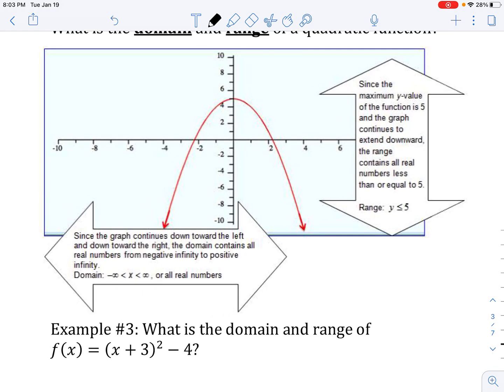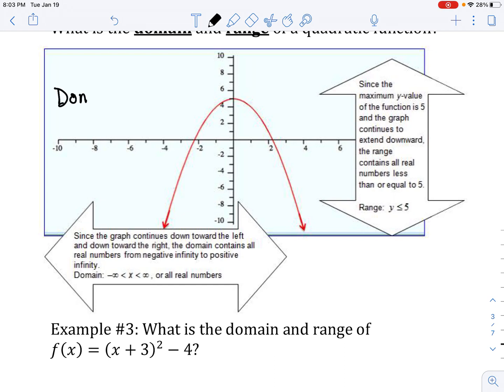You'll notice here in this arrow, it says since the graph continues down toward the left and down toward the right, the domain contains all real numbers from negative infinity to positive infinity, because we can keep plugging in x values and you will keep getting y values.